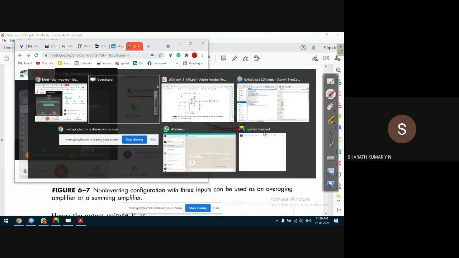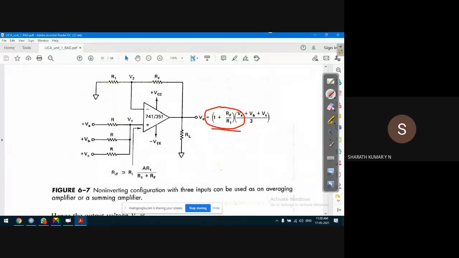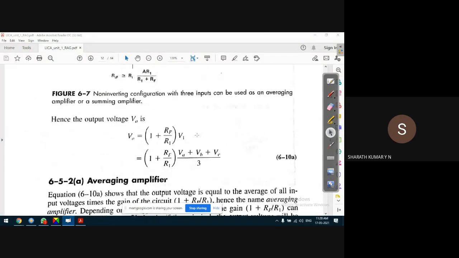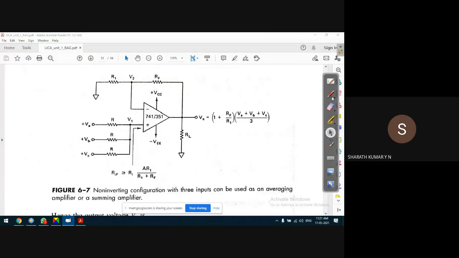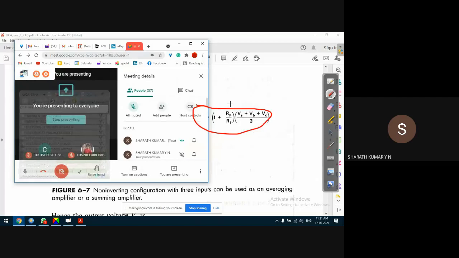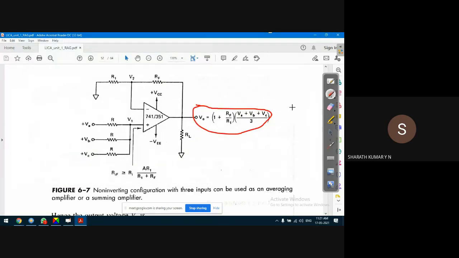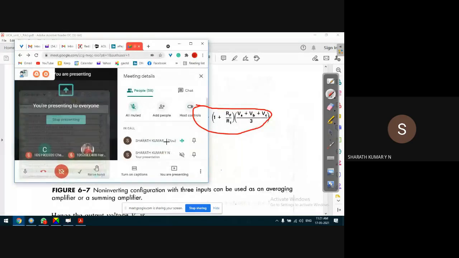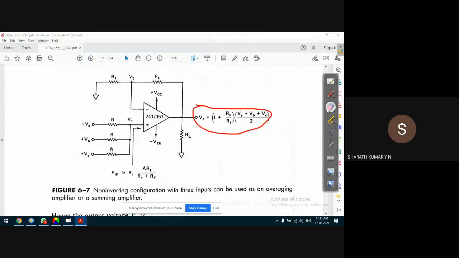Otherwise, both are amplifiers, but in the inverting case, the output will be 180-degree phase shifted. In non-inverting, there is no phase shift of the input voltage. That is the other point we can consider for the selection of either an inverting or a non-inverting amplifier.